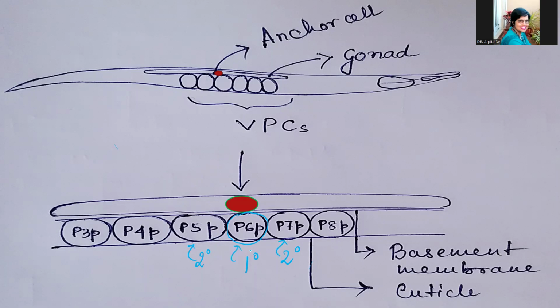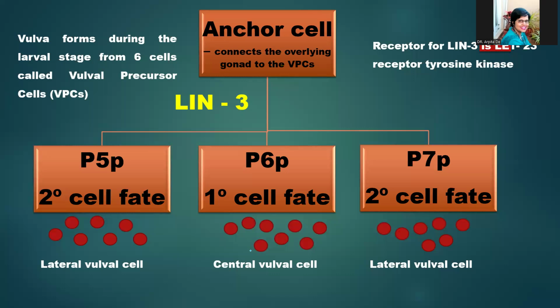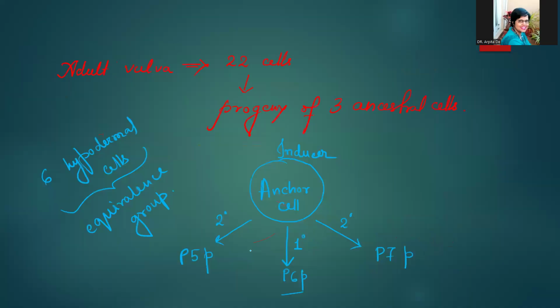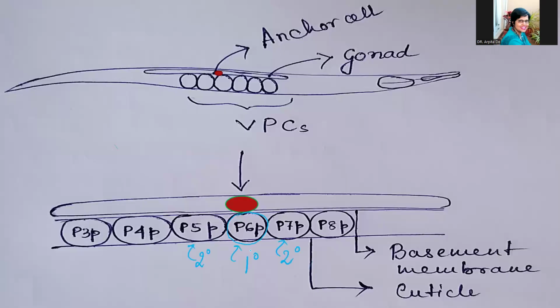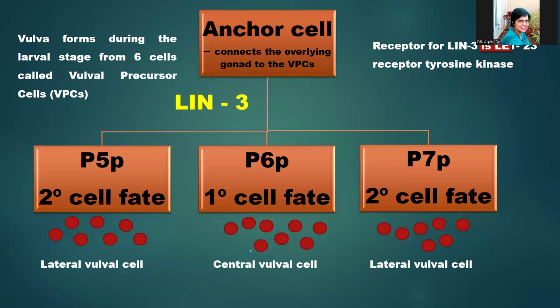Clear? So this is what is happening. The anchor cell is there. This is your anchor cell. This anchor cell induces the hypodermal cells, or the vulval precursor cells.